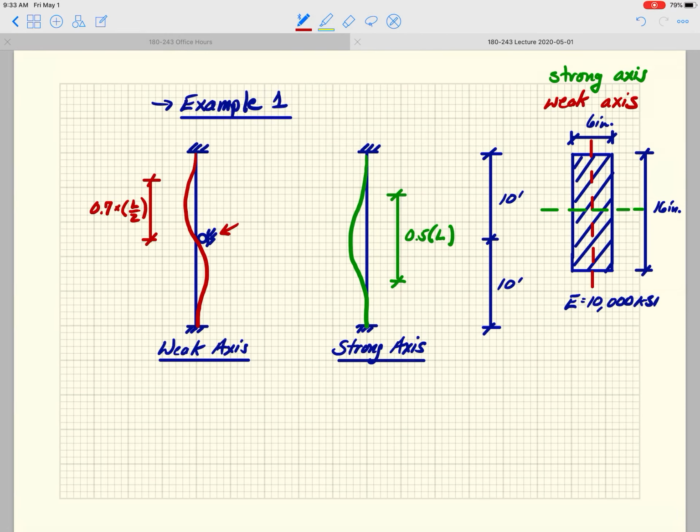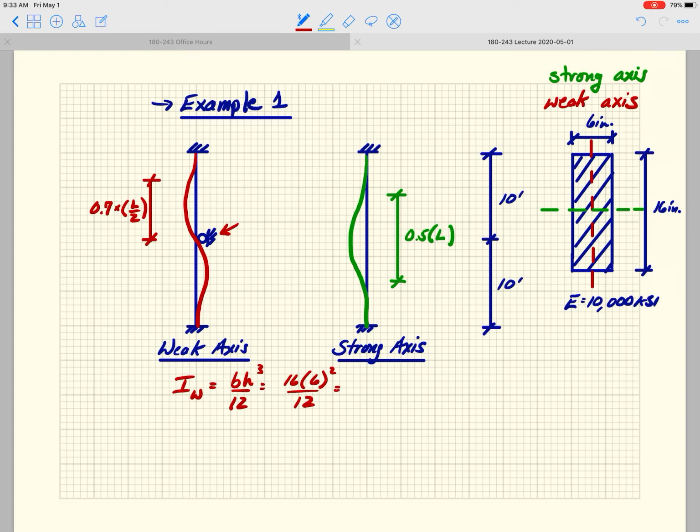So I'll start with the weak axis here. I'm going to call it Iw for weak axis. This is BH cubed over 12. In this case, B is 16 and H is 6.